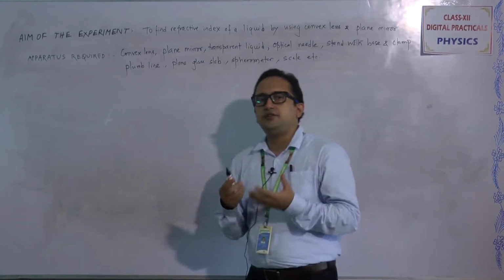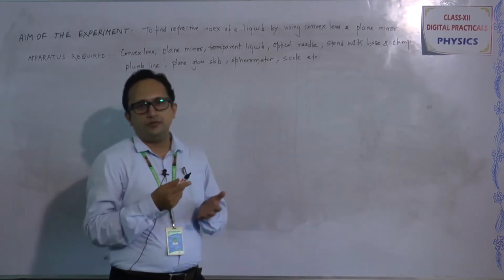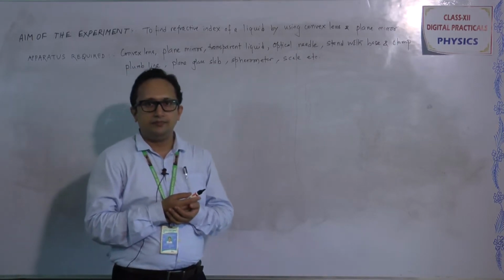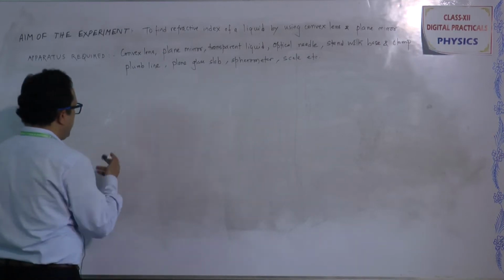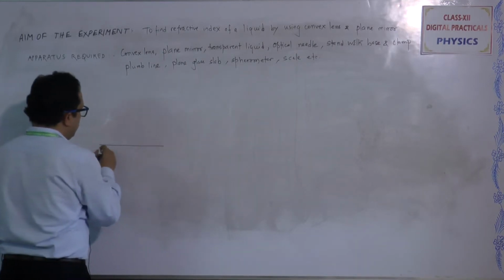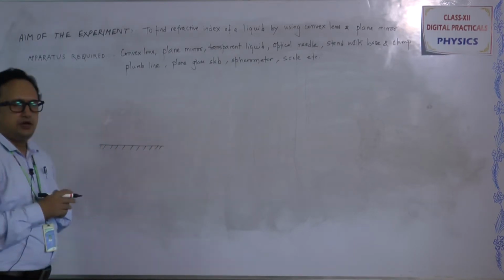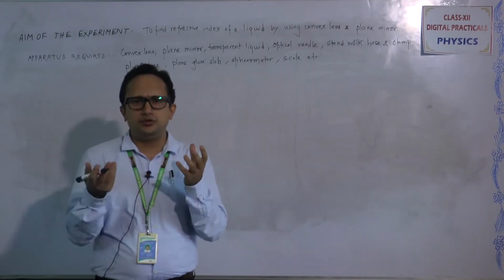So let us understand how we can determine the refractive index of a liquid by using a simple convex lens and a plane mirror. So let us assume that there is a plane mirror. You can actually find out the rough focal length of the convex lens. You know how to do it.